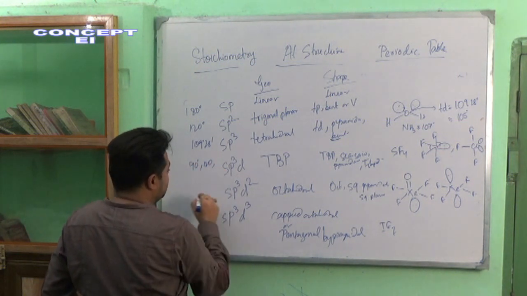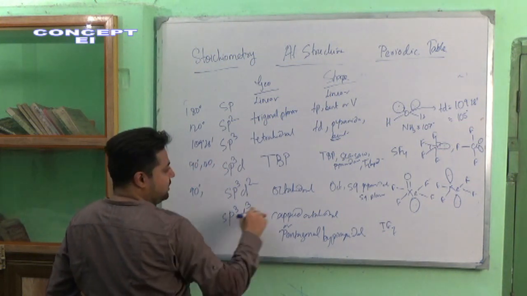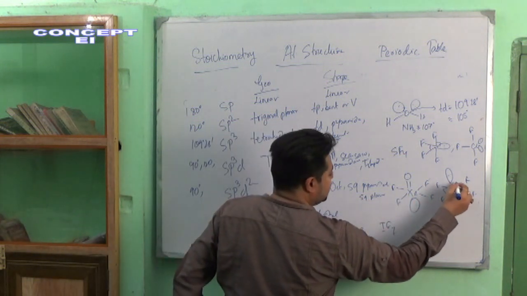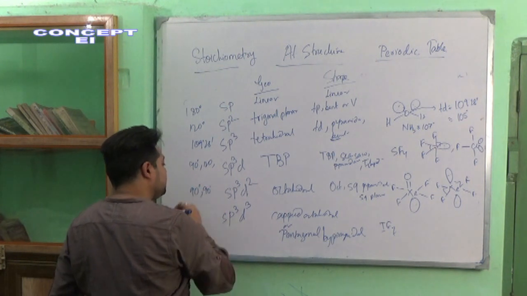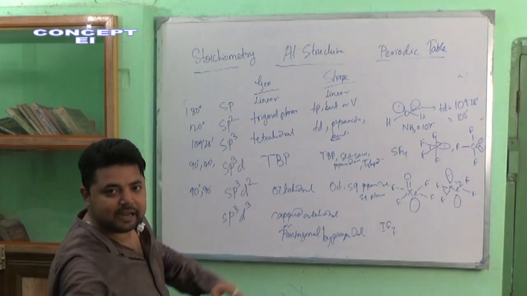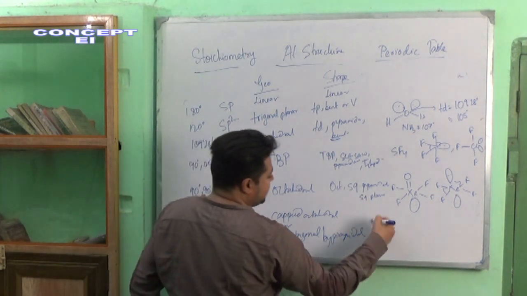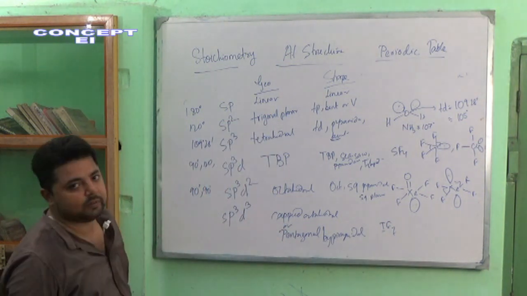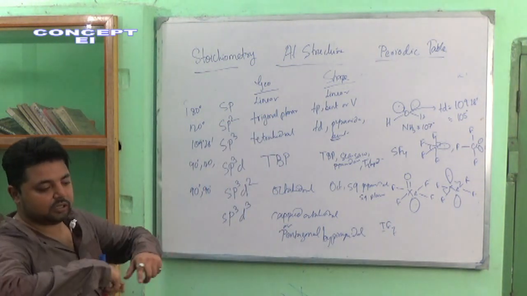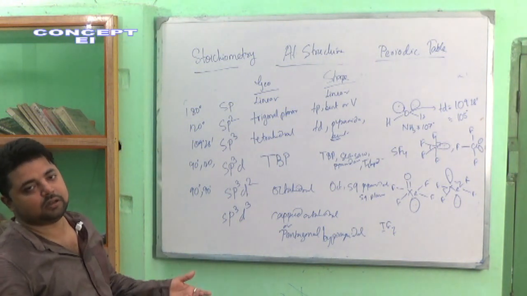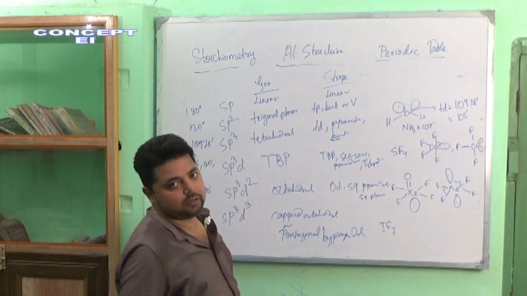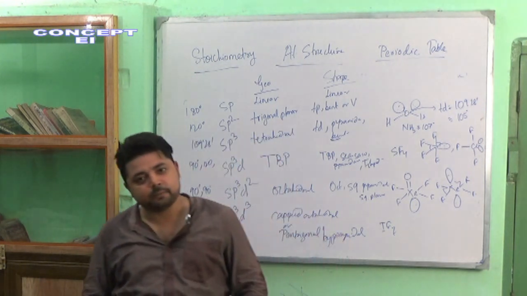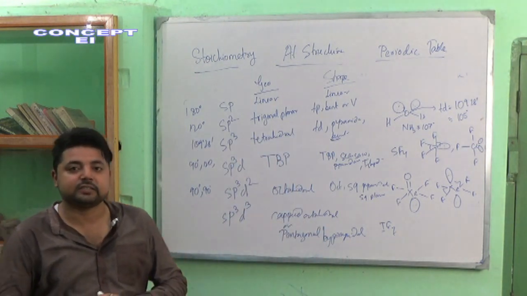Here again 90 degrees, and here you are getting 90 degree, 90 degree, 90 degree, and the lone pair also has 90 degree to the square planar base. Next, IF7 also will be like that, but here there will be a pentagon, and the angle will be 360 divided by 5, and that is how you will be able to find it out. Okay, so these are the basic factors that you need to know.